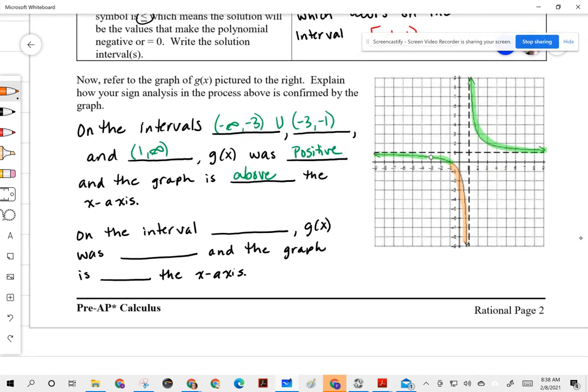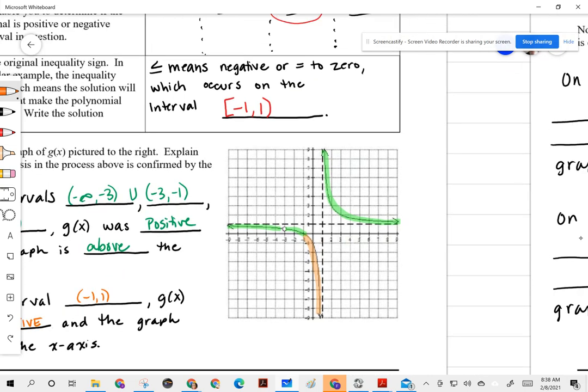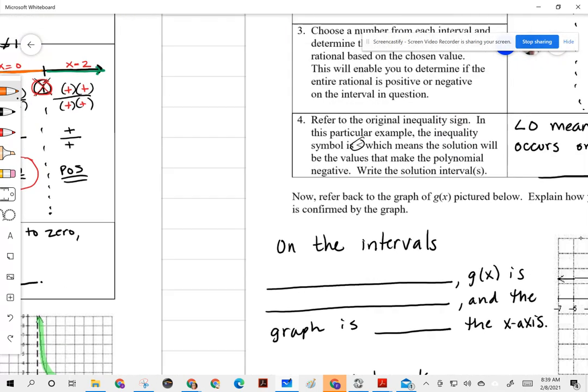So on the interval from -1 to 1, g of x was negative, and the graph is below the x-axis. Okay, so that's how you're going to connect your algebra to the graphical connection here.